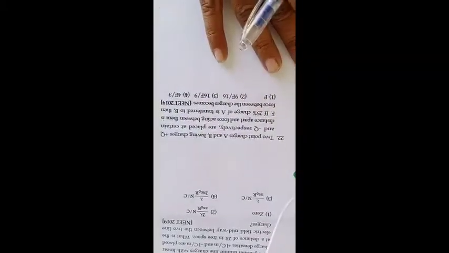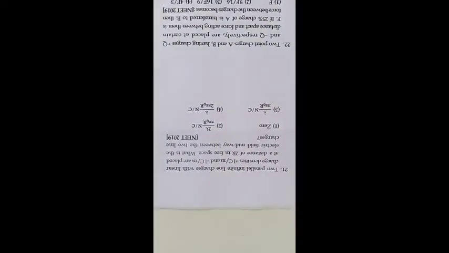Next. Question number 21, you see what they are asking. Two parallel infinite line charges with linear charge densities +1 coulomb per meter and -1 coulomb per meter are placed at a distance 2r in free space.